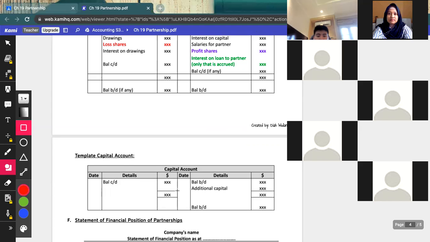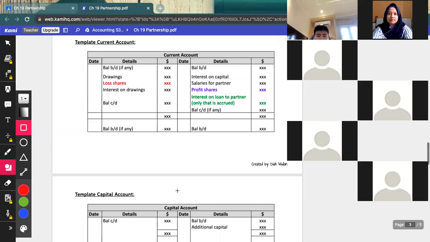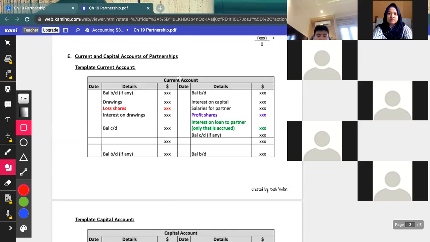So to avoid that, we have the current account, which records changes made every year because of drawings, profit or loss, interest on drawings, interest on capital, or salaries for partners. The point is, all that happens during the year or repeatedly every year is not related to the capital investment.